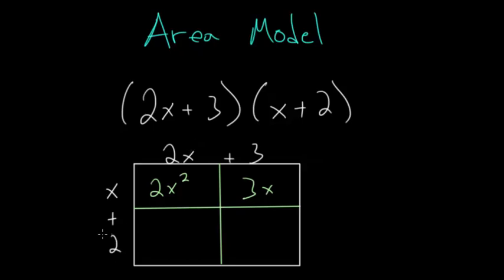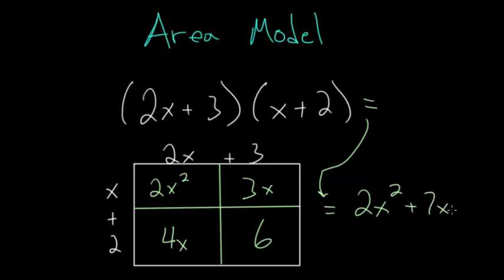Here we have 2x times 2, which is 4x. And in this last box, we have 3 times 2, which is 6. So if we simplify this, essentially what we get is 2x squared plus 3x plus 4x, which is 7x, and then plus 6.